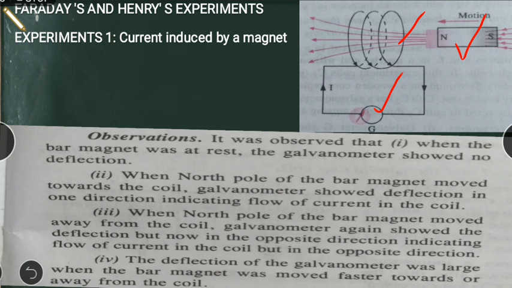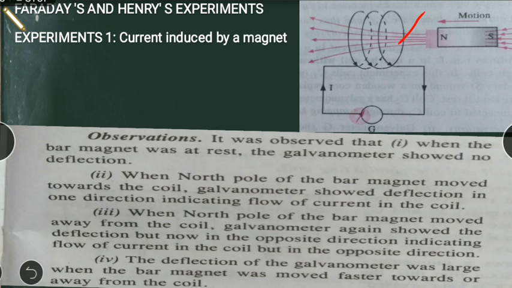So if there is a magnet, the magnetic field will be present, nothing but magnetic lines of force will be present. Okay. The first thing they did in this experiment: when the bar magnet was at rest, there was no deflection in the galvanometer.